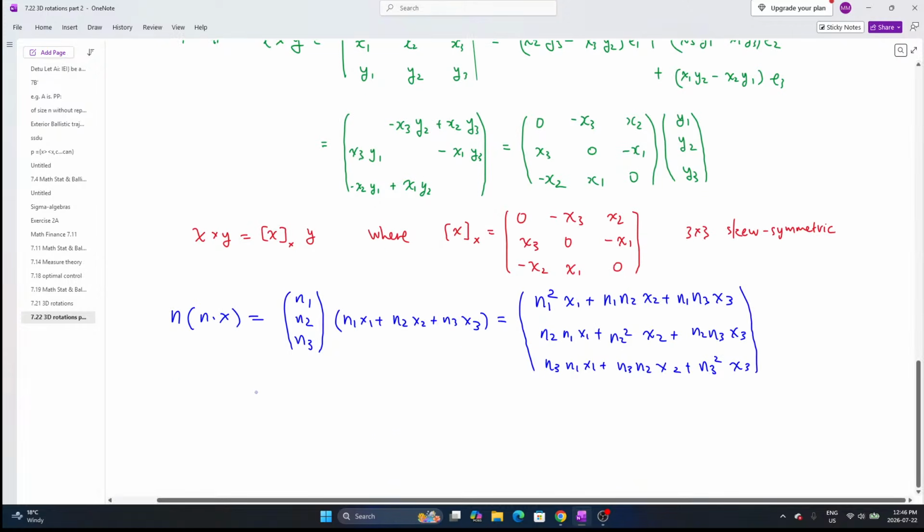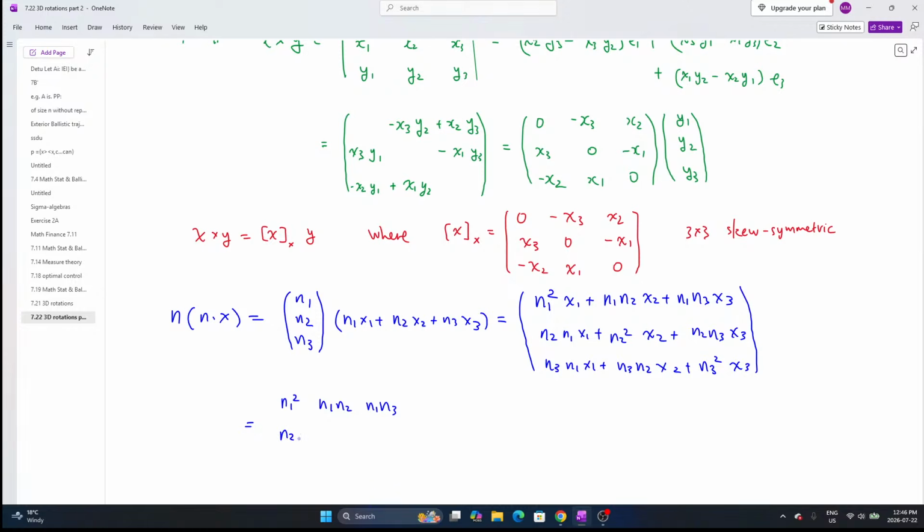And this is the matrix vector multiplication of this form: n1 squared, n1 n2, n1 n3; n2 n1, n2 squared, n2 n3; and n3 n1, n3 n2, n3 squared, times x1, x2, x3.